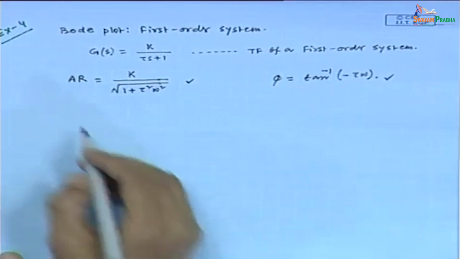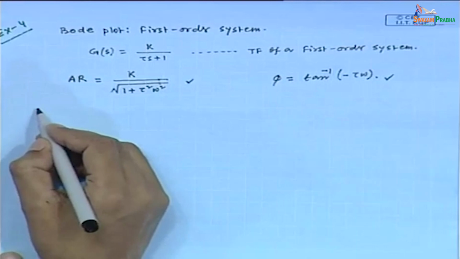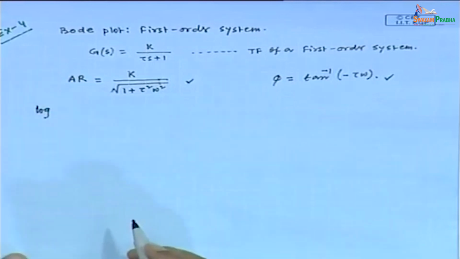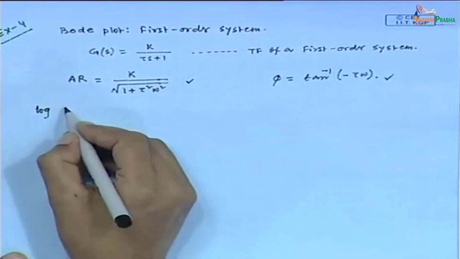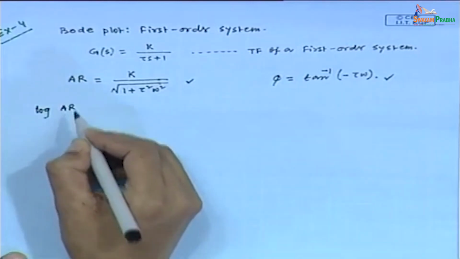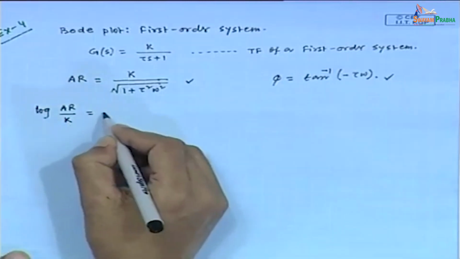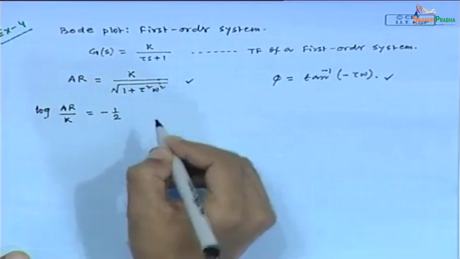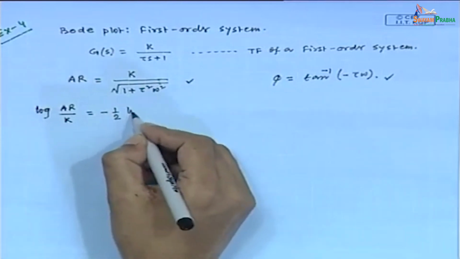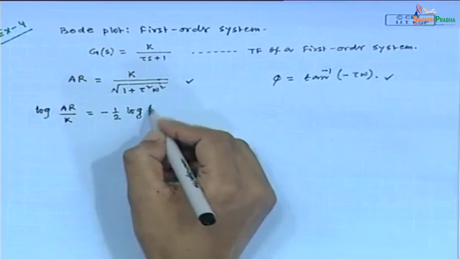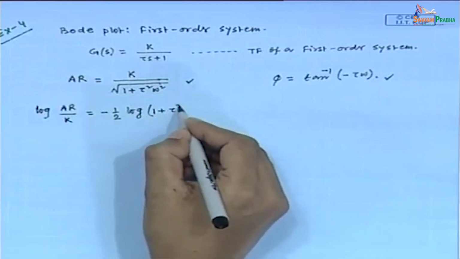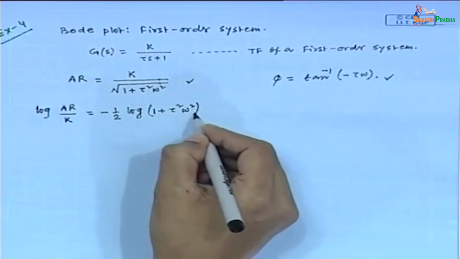Now, if we take the logarithm of this expression, then we can write log of amplitude ratio by K equals minus half log of 1 plus tau square omega square.